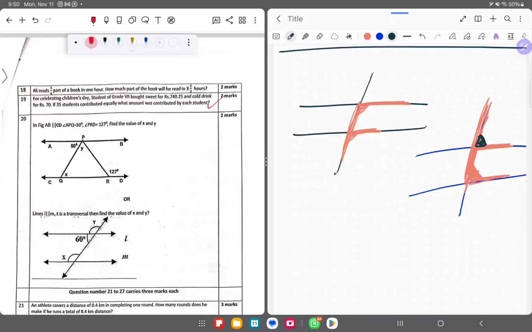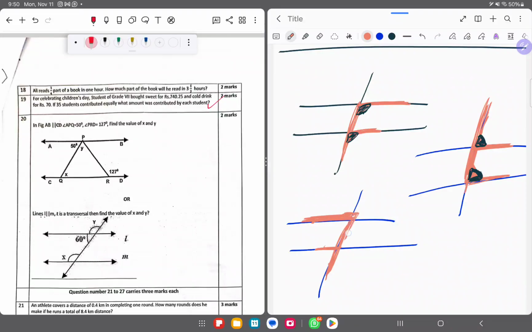This angle here and this angle here are alternating exterior angles. So they make an F and they're equal. Now this one is also an F. Now for the ones on the left. So just consider it right, left.